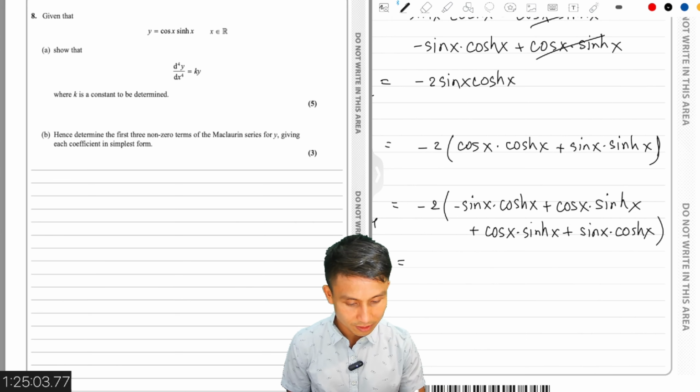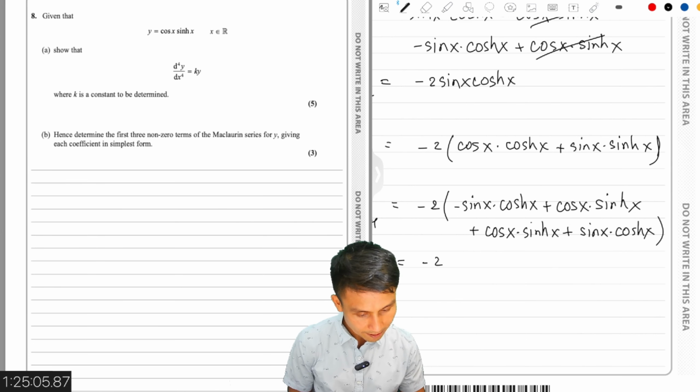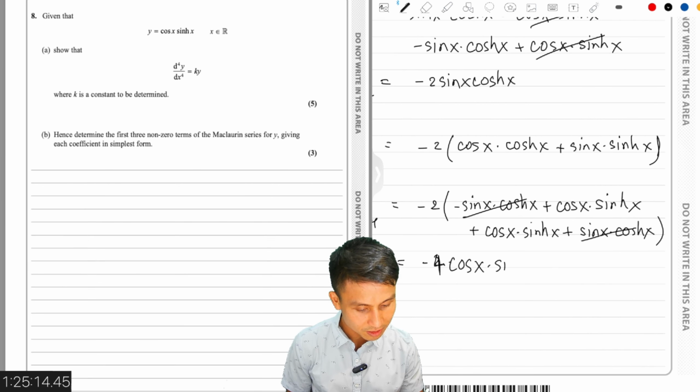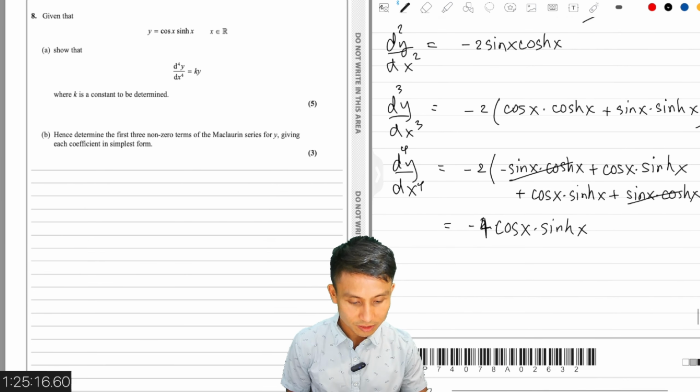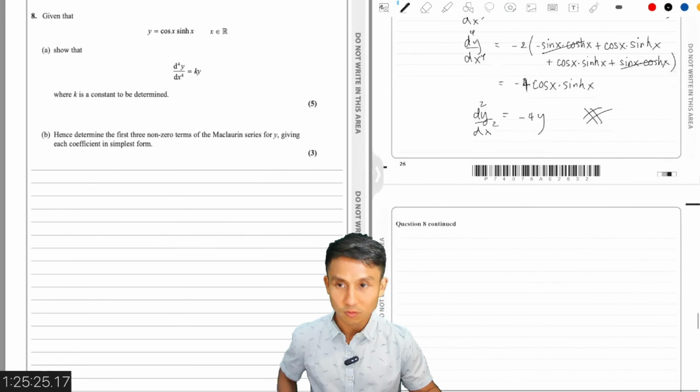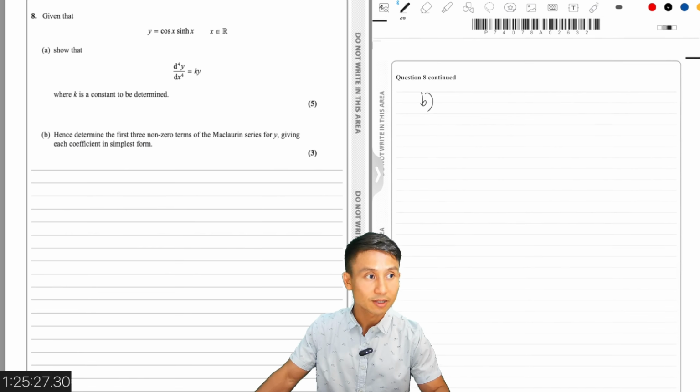Okay, so what is this? Minus 2, sine x and cos x cancel. So this will be minus 4 cos x sinh x, which is actually 4 y. Yep, we have proven that. It's just minus 4 of the y, basically.